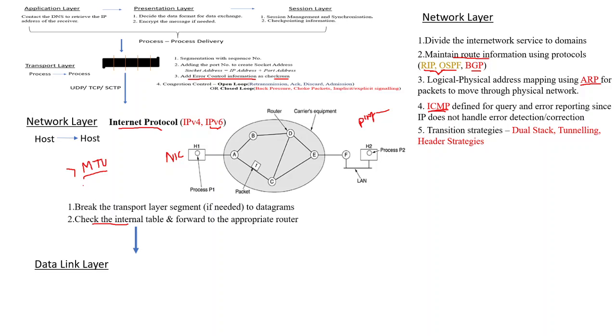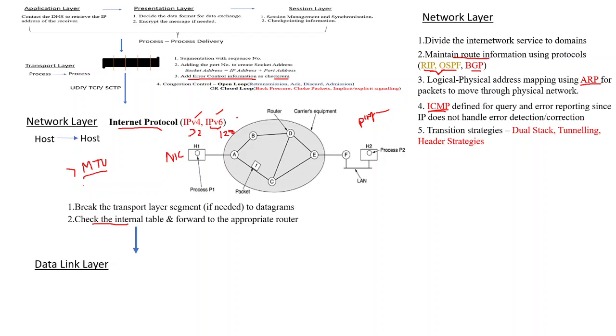But the problem is that the header, the metadata information used by IP version 4, is very different from IP version 6, because even the IP address itself differs: IP version 4 uses a 32-bit address, whereas IP version 6 uses a 128-bit address. So you see there are so many differences in both the versions.